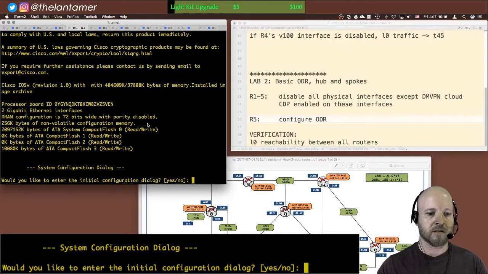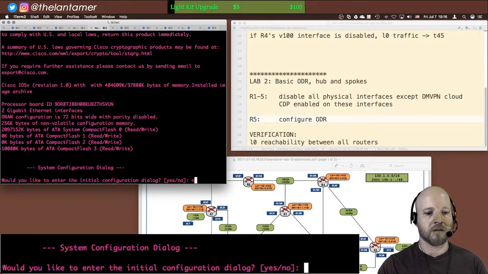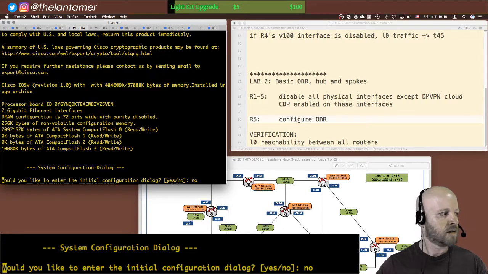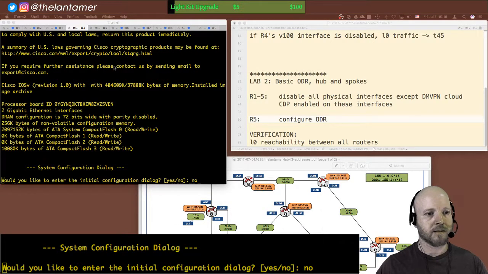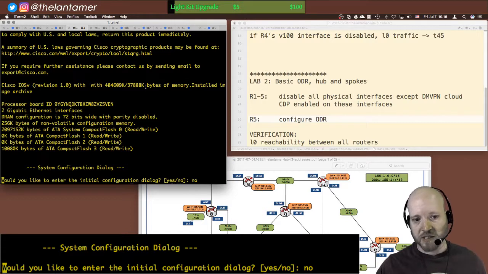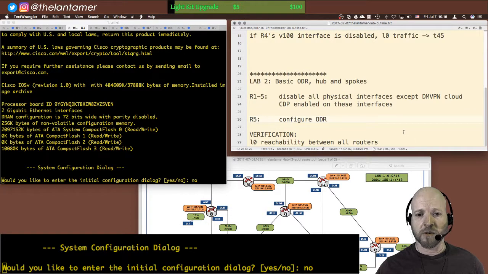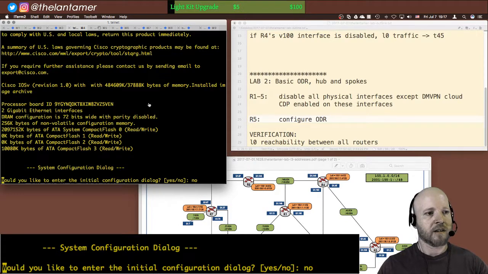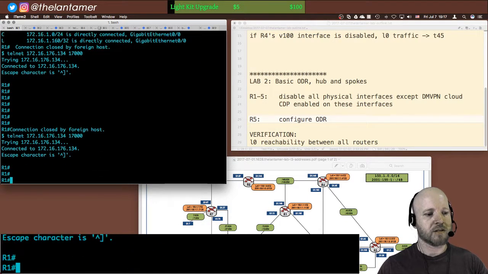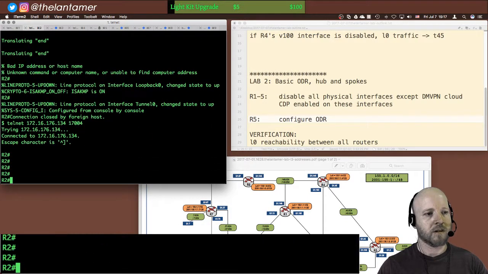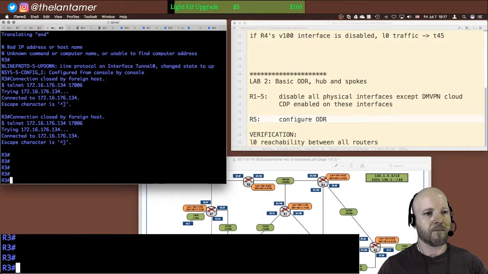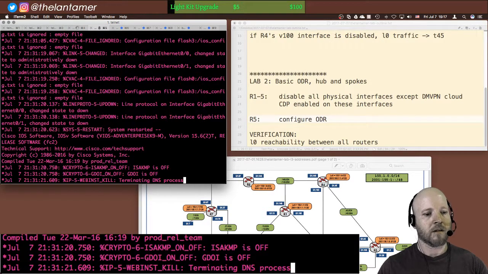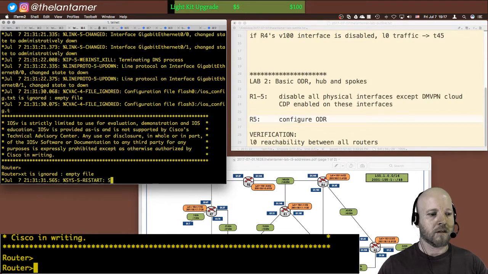Let's get our routers up. Maybe Wednesday I might get a nice TFTP set up here, but copy paste should work fine for now. Now, we're going to need routers 1 through 5, which I think I have configured all of these.